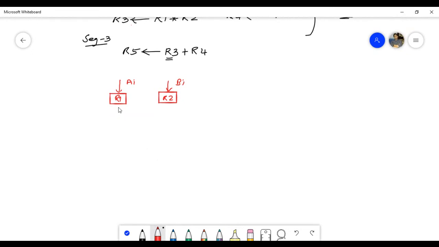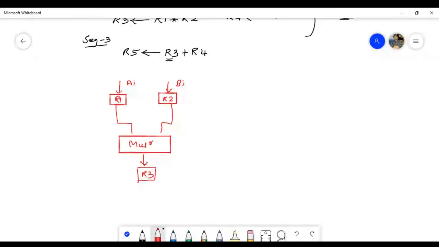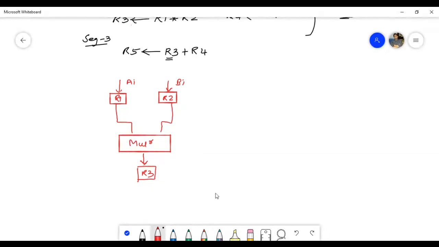Then we are multiplying R1 and R2, so we will use a multiplier and store the result in R3.